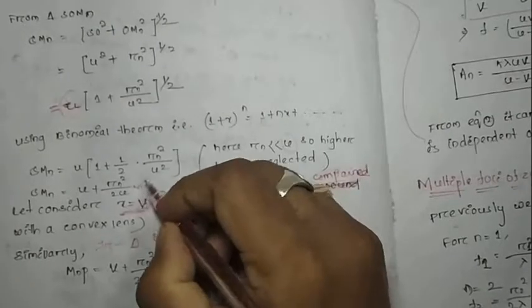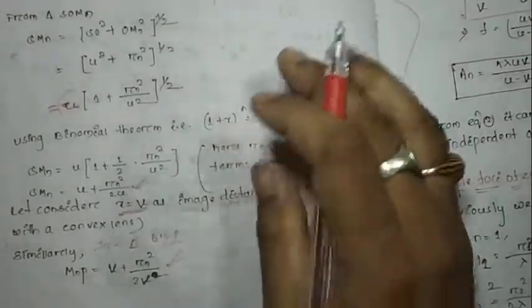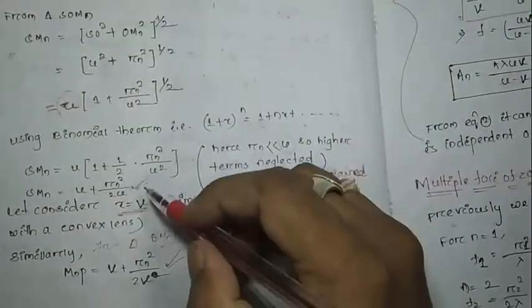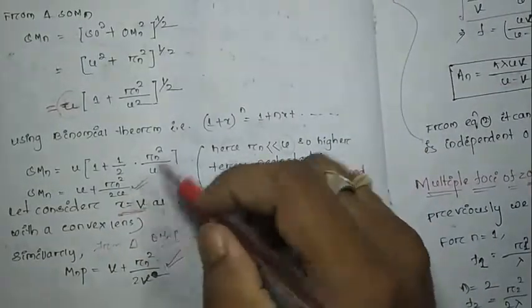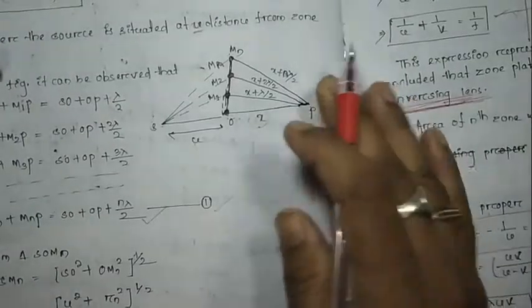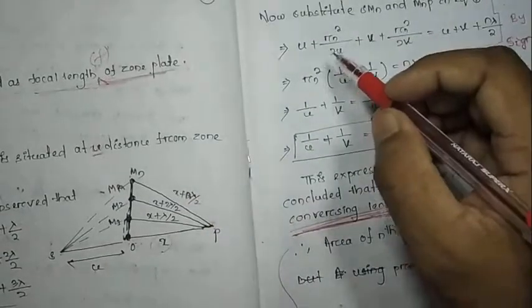So this is Smn and MNP we got. Now if we put these two values in equation number 1, then what are we going to get?